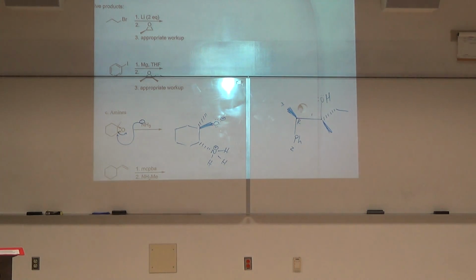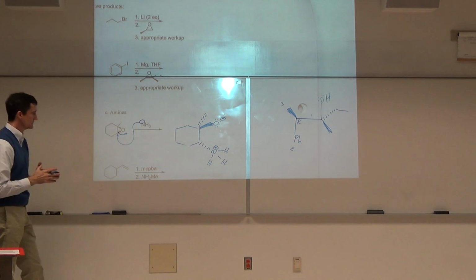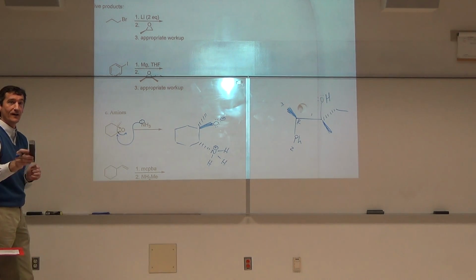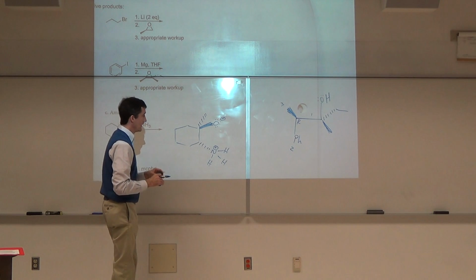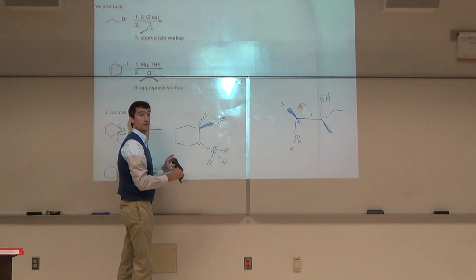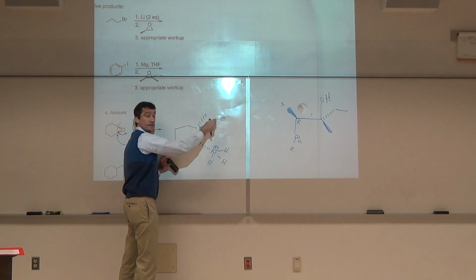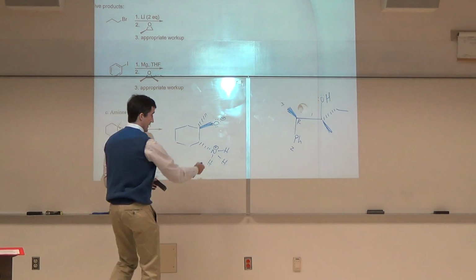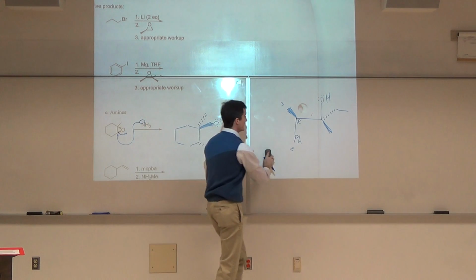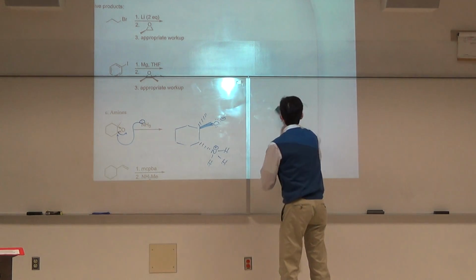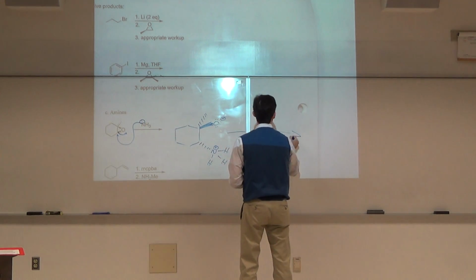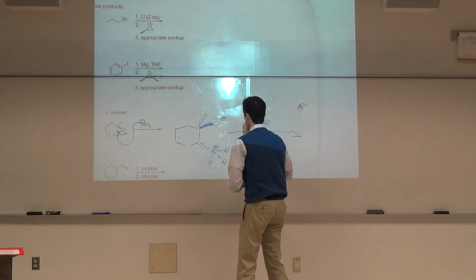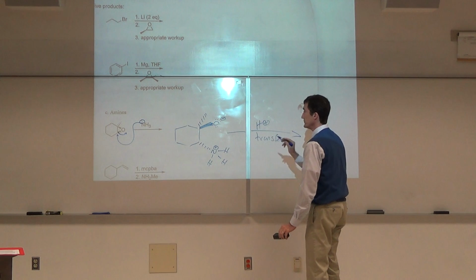We don't just magically lose the H's. They're going to go where? You have a built-in acid-base reaction. Do we need to supply a proton to get the H here, or is there a proton sort of supplied in-house? This looks like an acid. That looks like a base. Now, I call it H plus transfer. You could call it an internal acid-base reaction. I'm not going to do mechanism.